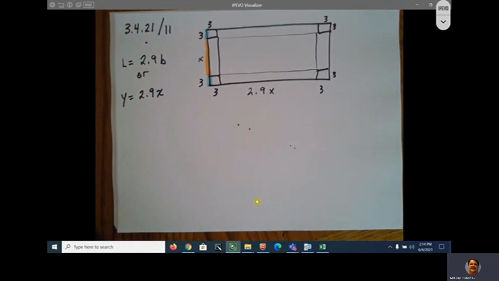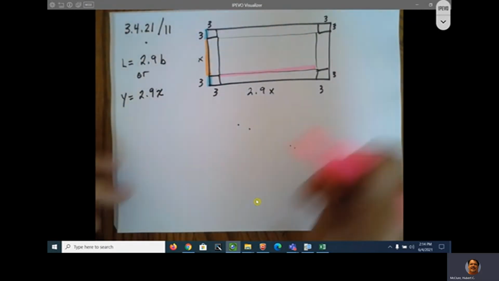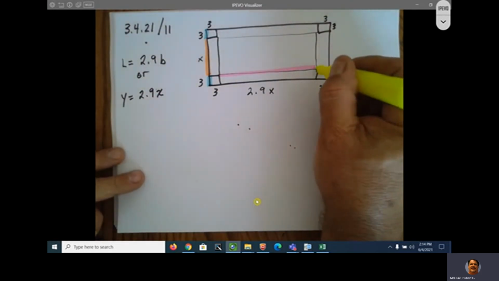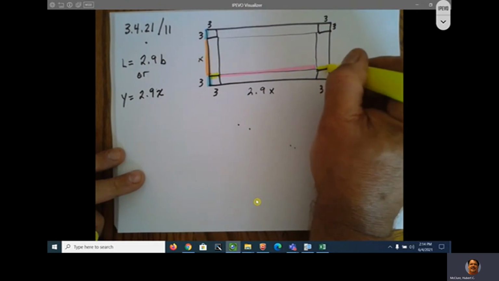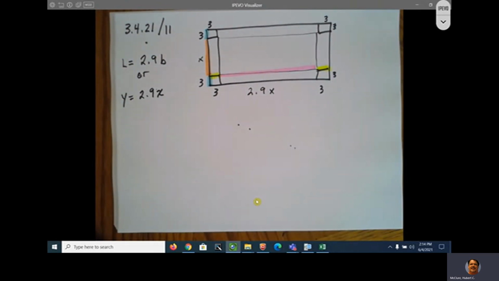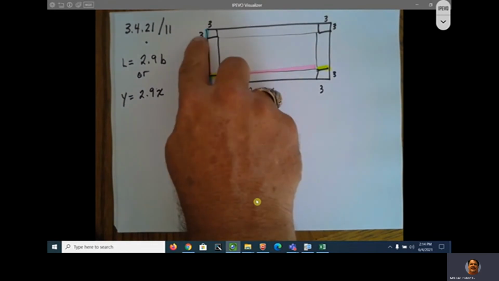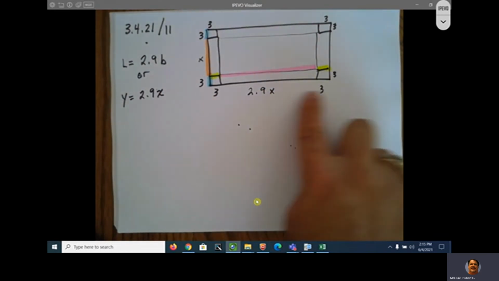And if you're talking about this length here, you're talking about 3 inches this way and 3 inches this way. So when you see the 6, you're going to see a 6 here in a minute. The 6 is because of 3 plus 3 in this direction and 3 plus 3 in this direction.